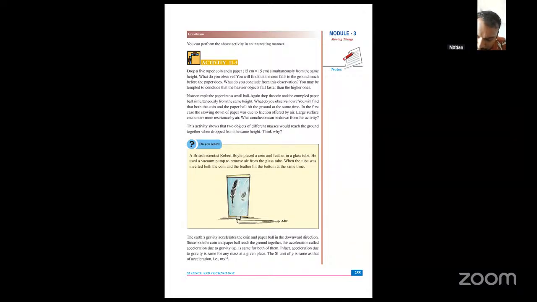So the Earth exerts gravity, which produces acceleration, or we can say acceleration due to gravity.